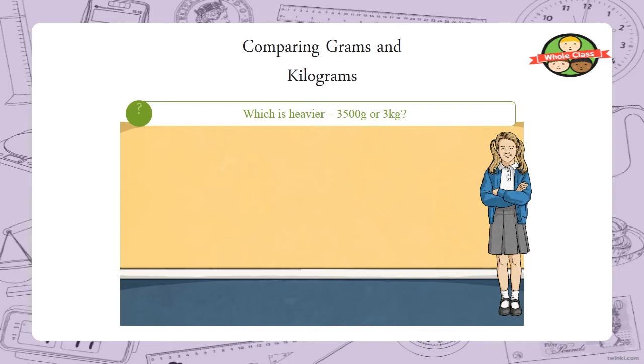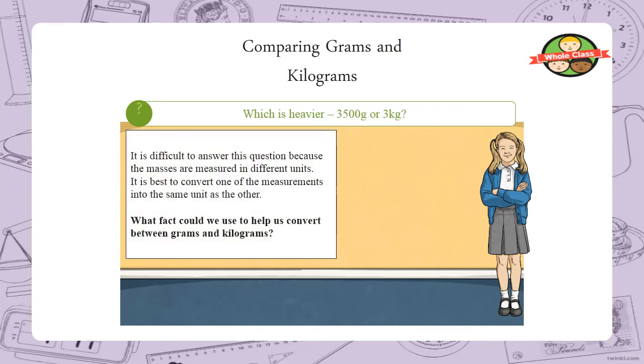Same steps as in length. We can't compare grams and kilograms. We have to make the units the same. So to do that, who can tell me what fact we could use to help us convert between grams and kilograms?